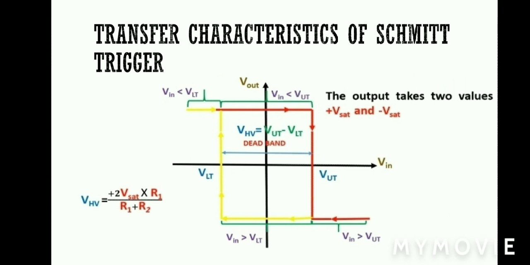So from this curve, we can say that between VLT and VUT, there is no change in output voltage with changes in the input voltage. Therefore, it is called the dead band, dead zone, or hysteresis band. So from this diagram, we can see that the output takes two values, that is positive saturated voltage and negative saturated voltage.